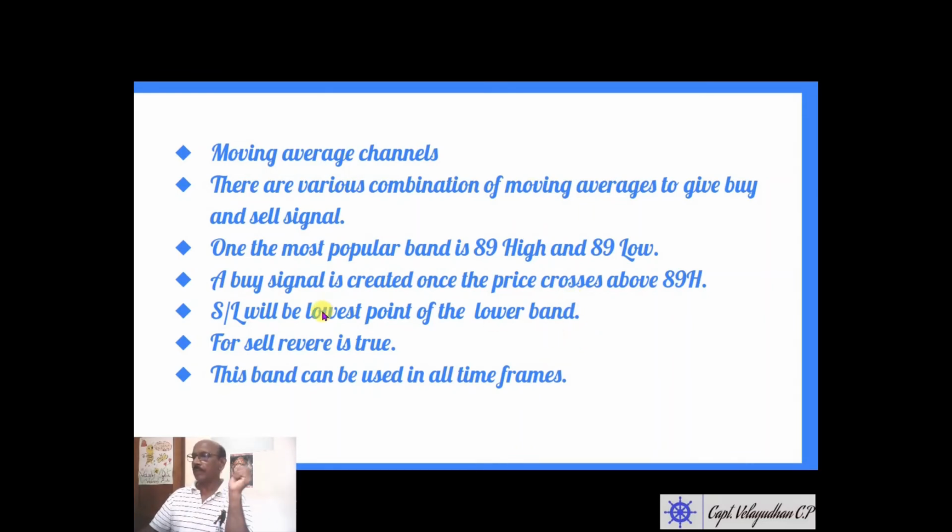Here I am showing an example of 89-day. A buy signal is created once the price crosses above the 89 high. Stop loss will be the lowest point of the lower band. For sell, it's the reverse. This band can be used in all time frames, daily, hourly or 15-minute charts.